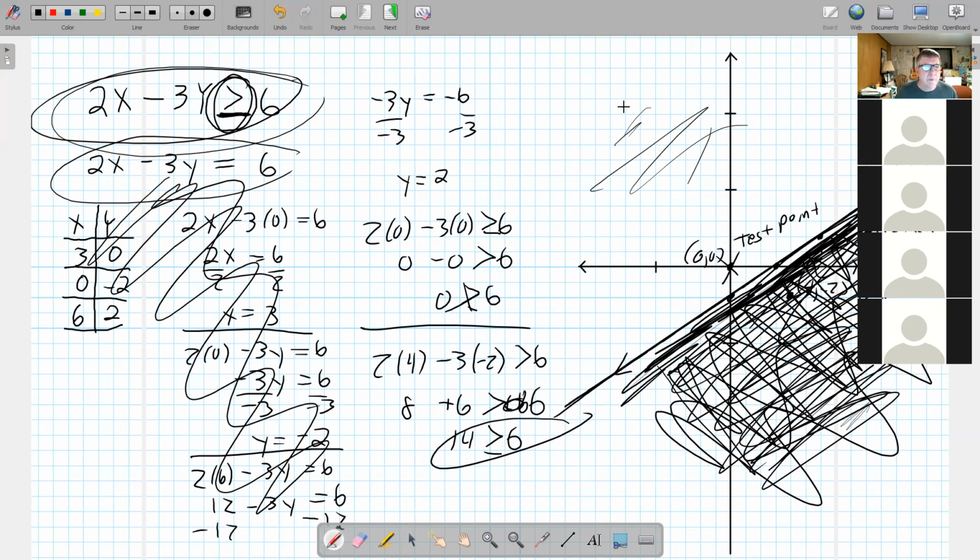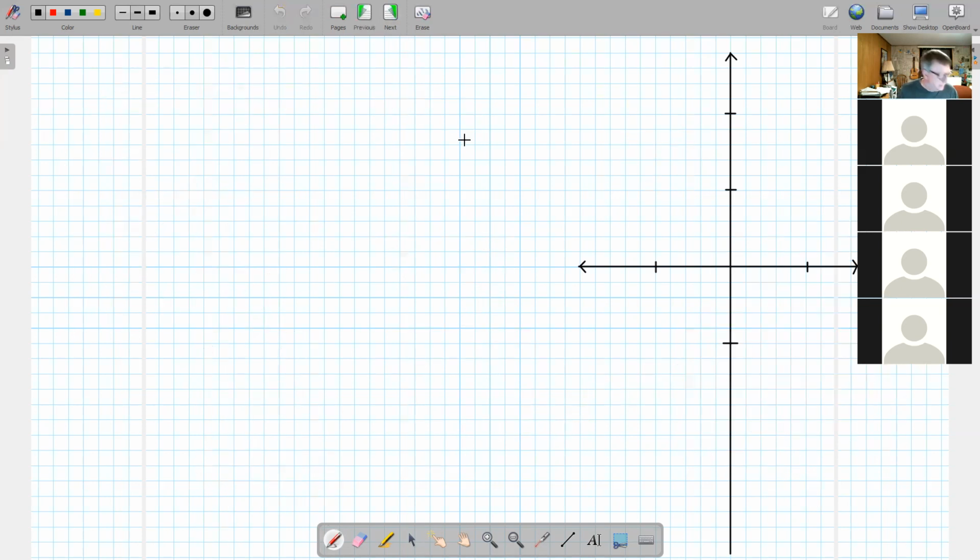Okay, let's see. Let's go to the next page and let's take a look at another example. How about this one? Y is greater than or equal to negative 2x plus 5.